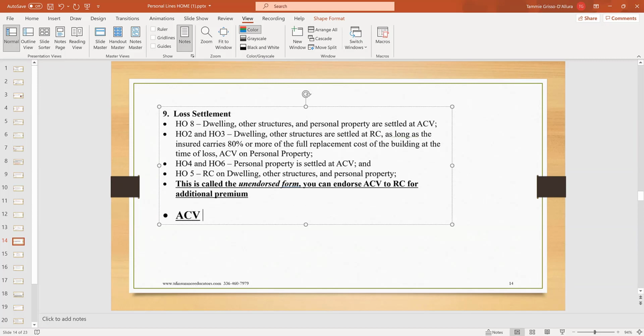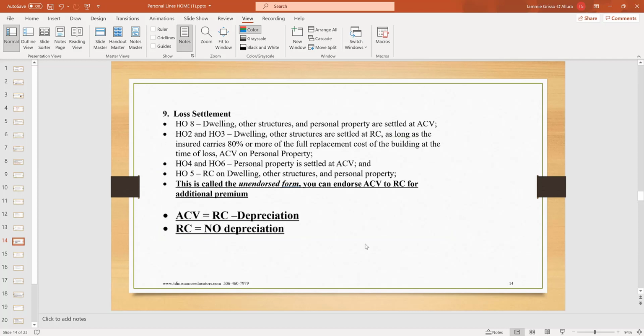So actual cash value is replacement cost minus depreciation. That is actual cash value. And then, of course, replacement cost does not take depreciation into consideration. So there is no depreciation when it comes to replacement cost.